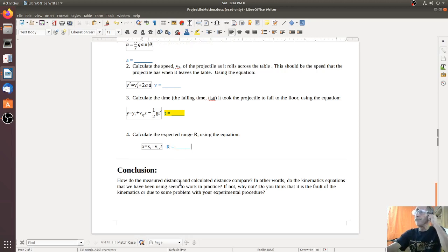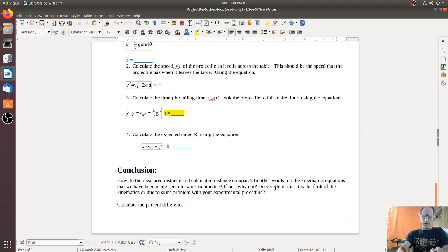Okay, finally, how do the measured distance and calculated distances compare? The way we compare things is with a percent difference formula. So in my conclusion, I would calculate the percent difference between the calculated and measured values of r.